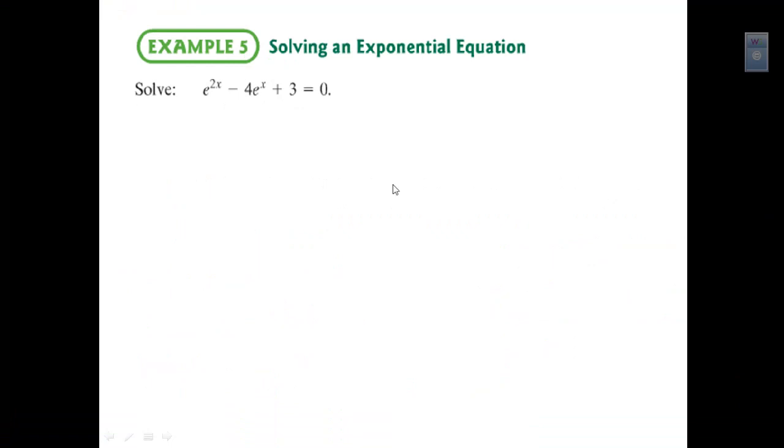All right, now you're also going to see problems like this, and as you look at this, you're probably thinking, oh, that kind of looks a little familiar. Well, the reason it looks familiar is because it's in the form of a quadratic expression, where we have this being x squared minus 4x plus 3.